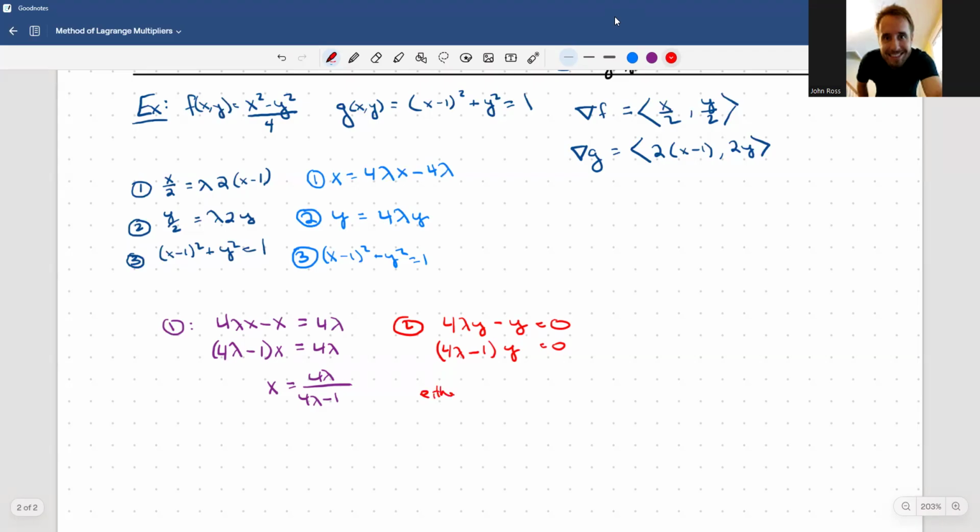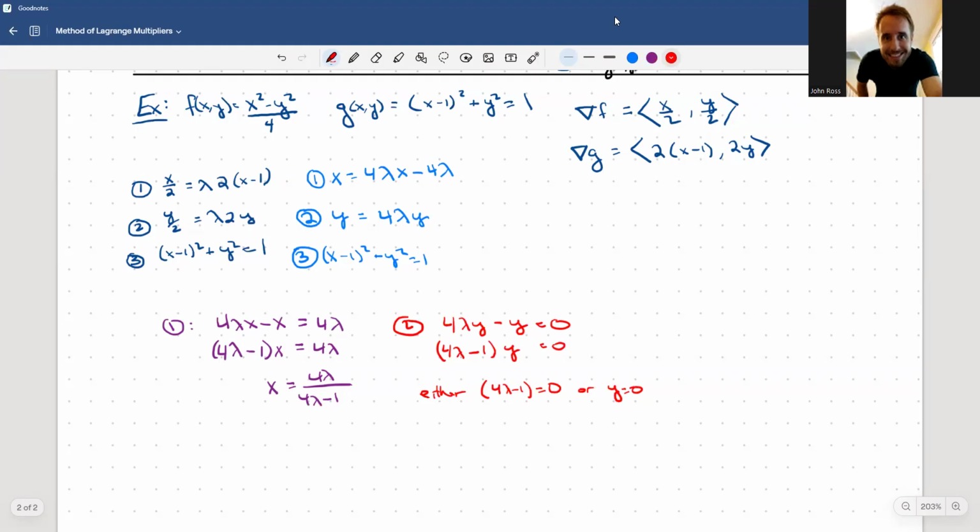If something times something else equals 0, either the first piece equals 0, so either 4 lambda minus 1 equals 0, or y equals 0. All right. And so this is going to be the key observation that will let us begin to unpack this.